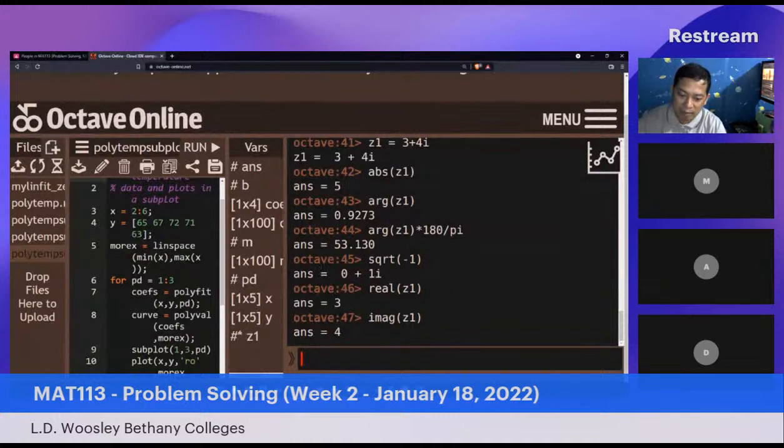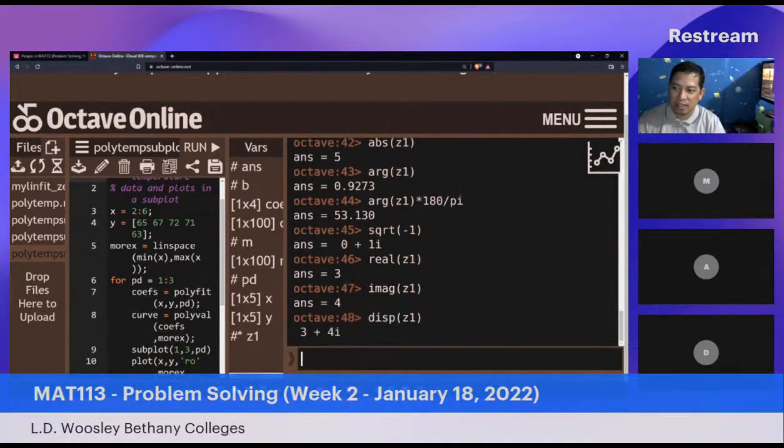So it will come out as 3 plus 4i. And there is also a command to display the complex form. We display Z sub 1 to bring it back, so that's 3 plus 4i. That's the command. Actually, this is easy with complex numbers.